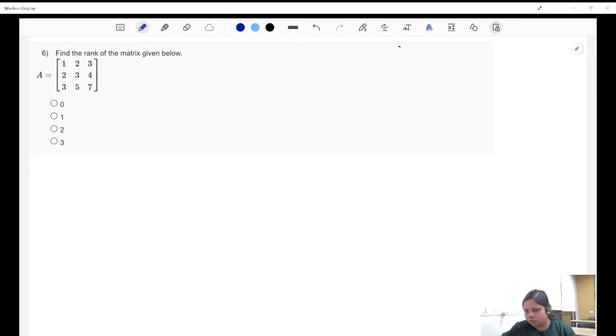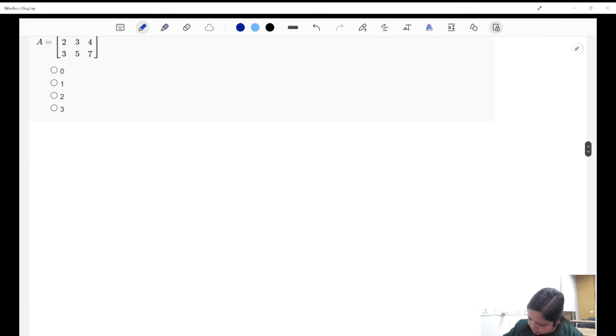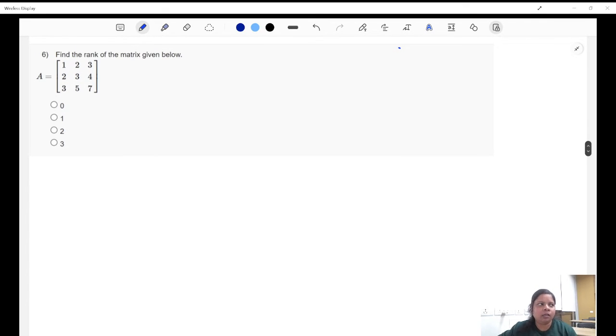What I prefer is converting everything to row echelon form, because that is the best thing you should do to get zeros in the bottom, and if you have some further calculations to make, you can make them. So I'll proceed in that manner. I'll use elementary row operations.